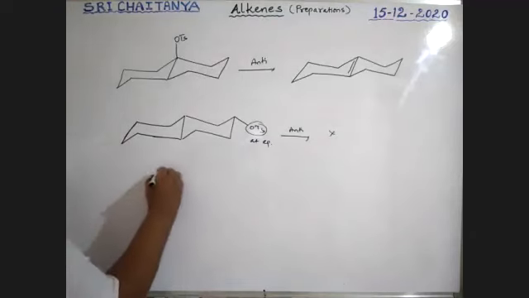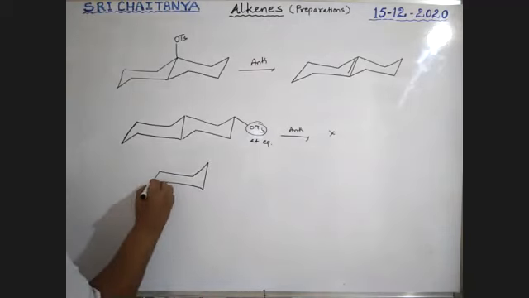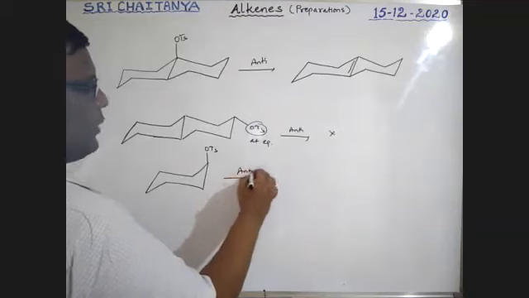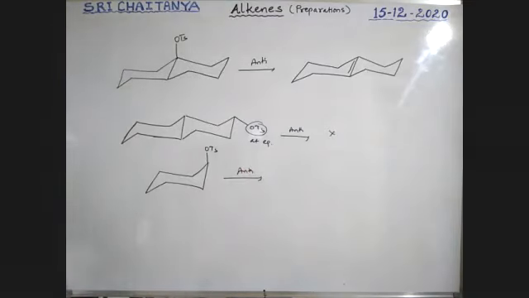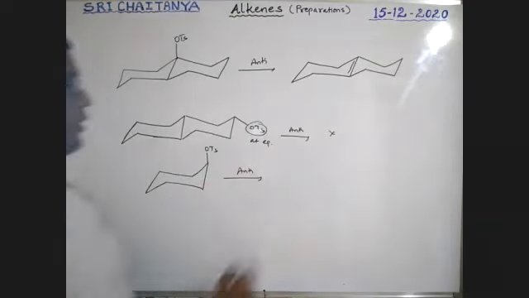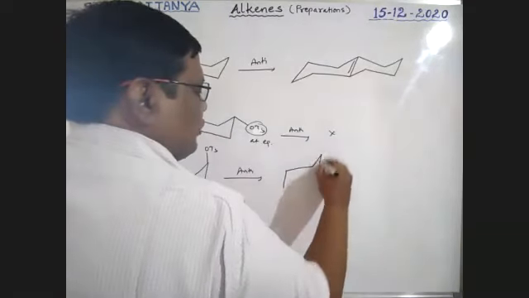Now tell me your answer. OTs, is anti-elimination possible or not possible? Yes or no? Yes. Either at this point or at this point is possible. Both are possible, boys, so I'm using only one answer.